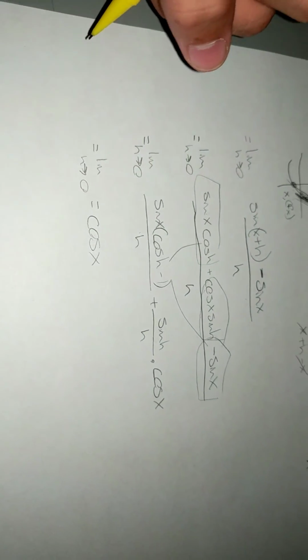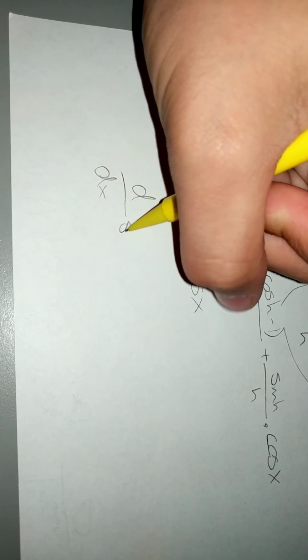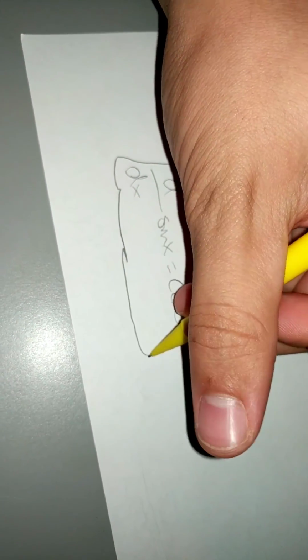So that means d over dx of sine of x is equal to cosine of x. So sine prime of x, which is another way of saying this, is equal to cosine x.